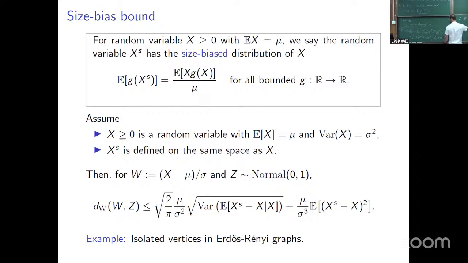And we have the expected value of f of x size bias minus mu over sigma minus f of x minus mu over sigma. Right? So we get a mu, where this becomes mu times the size bias. Right? Good. Okay, and now we're in business, we can do a Taylor.